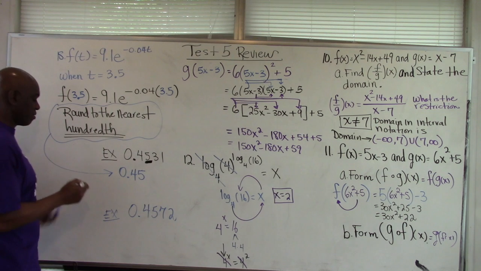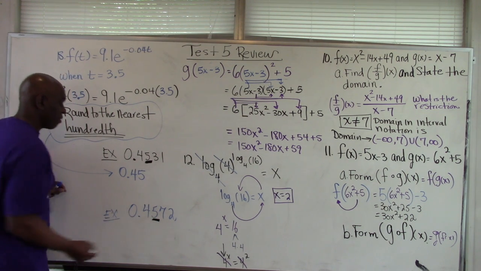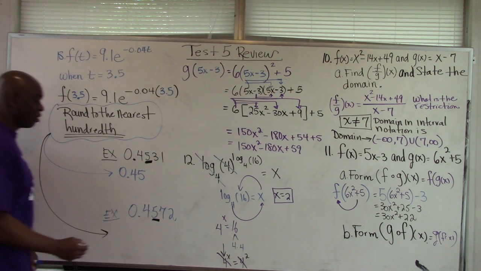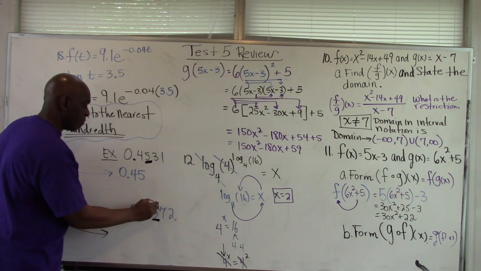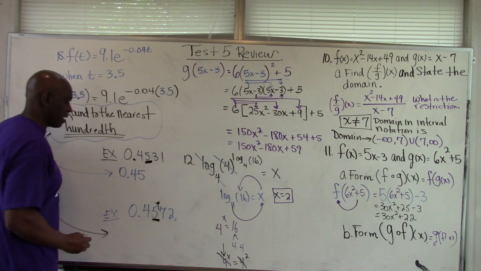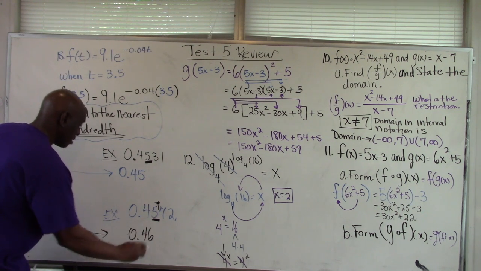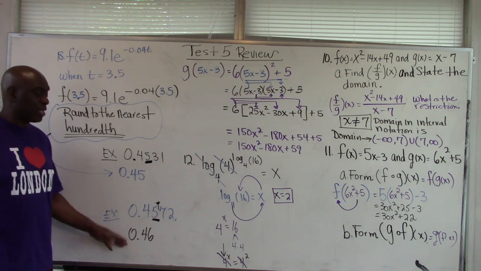But in this case, we got that same 5 right here. Now if I were to round this to the nearest hundredths, well, this 7 tells me to take this 5 up to 6. So that's going to be 0.46. So it's not the same answer.